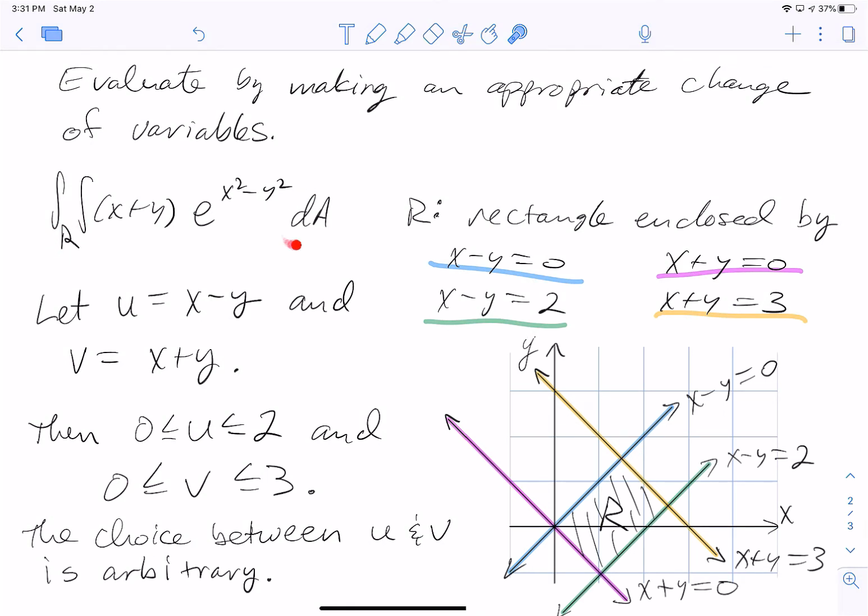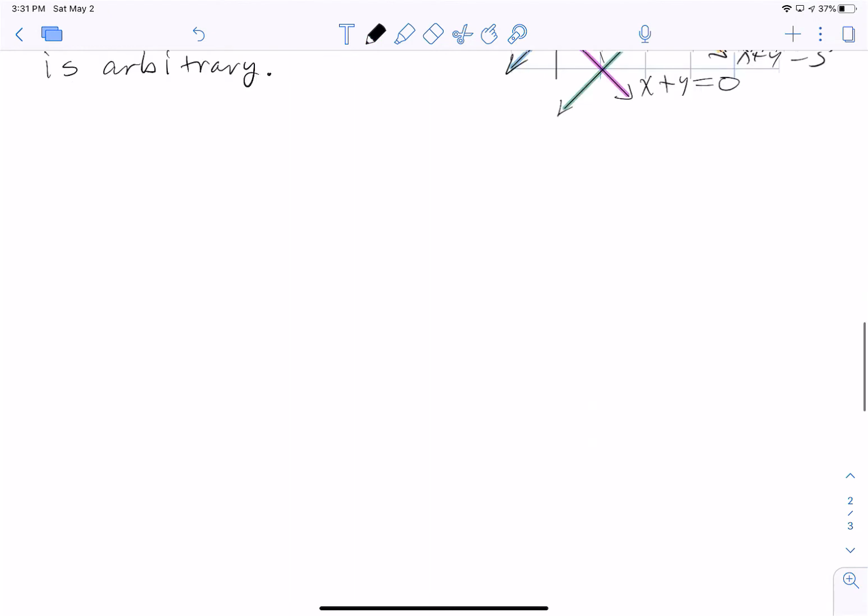What we don't have is the Jacobian, and in order to get the Jacobian, we need to solve the equations that give us the inverse transformation for x and y. So let's look at that. I'm going to rewrite here just so it's in front of us. u is equal to x minus y, and v is equal to x plus y.